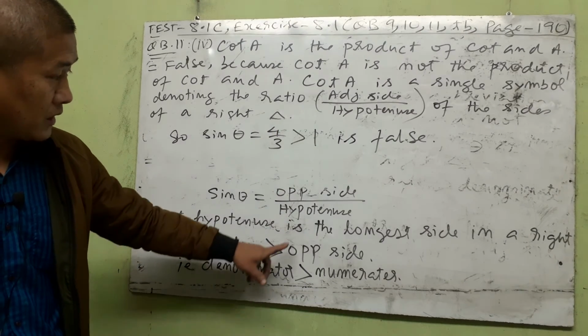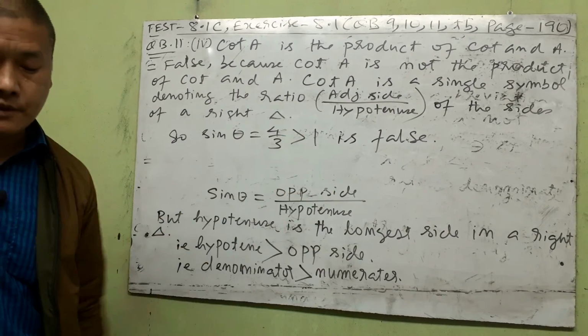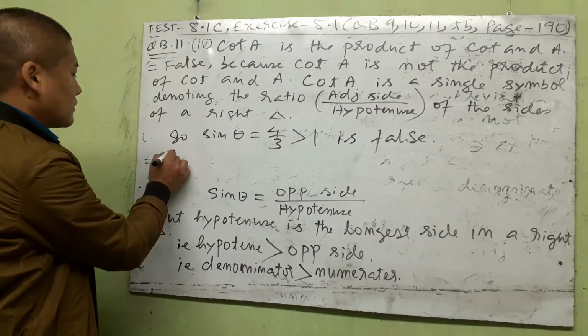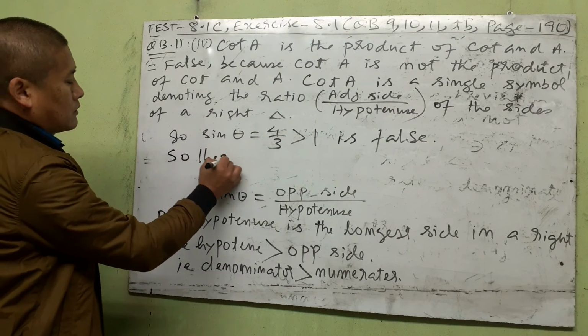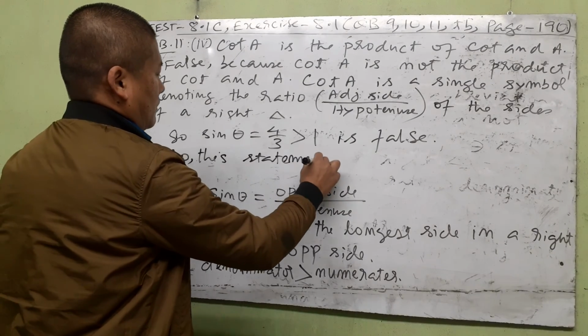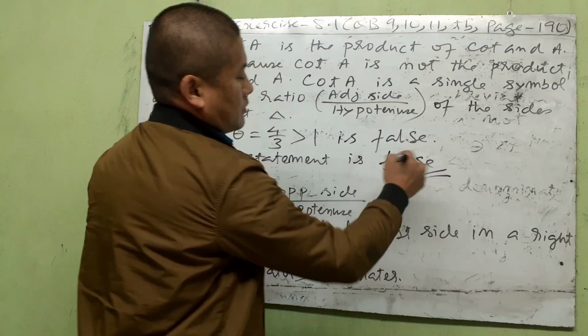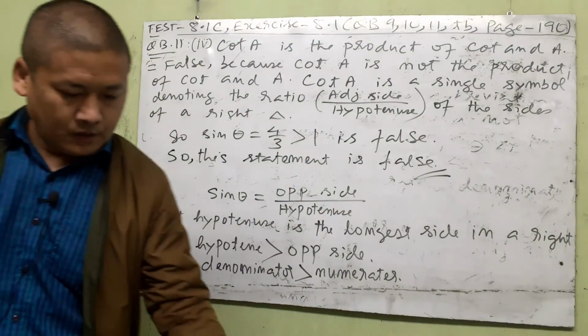Denominator should always be bigger for sine, but denominator is smaller, so this is false. That's what it means. So this statement is false. So like this we have justified the 5 questions.